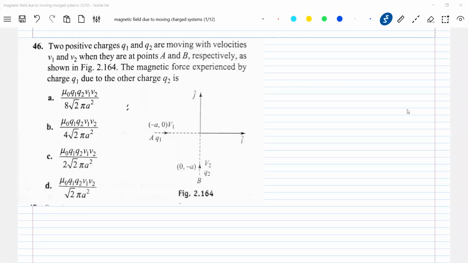Both are moving. So let's calculate the field at the position of one due to the field produced by this one. So B2 will be equal to mu naught Q2 V2 bar cross R bar by 4 pi R cube.